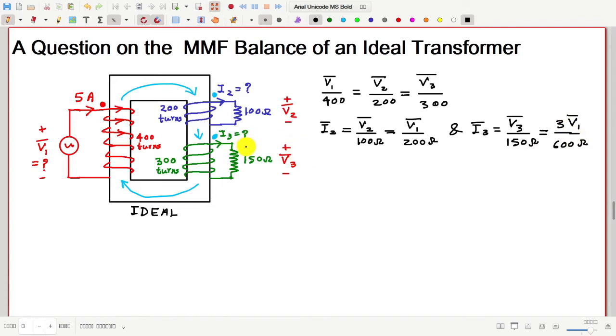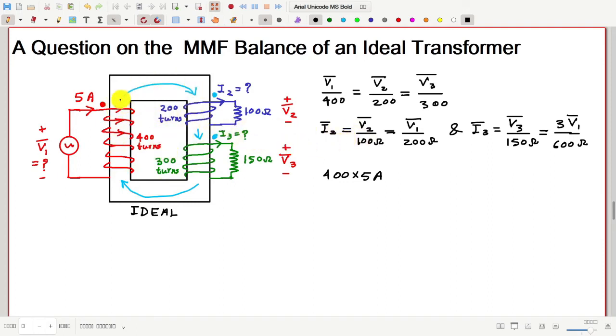Next, we will use the MMF balance condition. What does that tell us? The total MMF produced by the three coils should be close to 0. The MMF produced by the first coil is 400 multiplied by 5 ampere, and this MMF will act in the clockwise direction through the core.